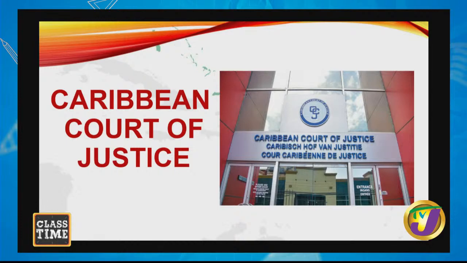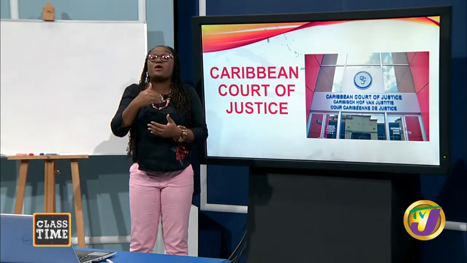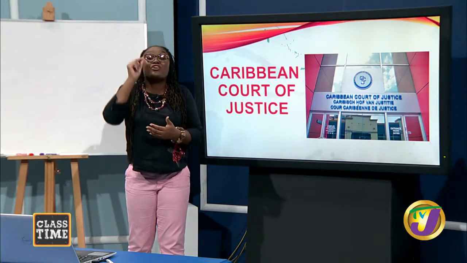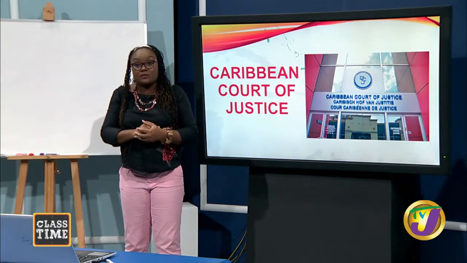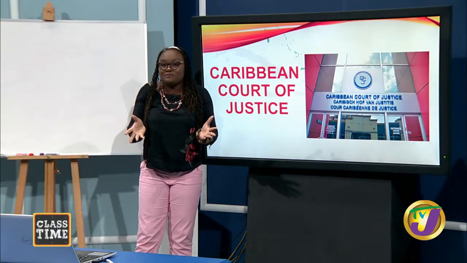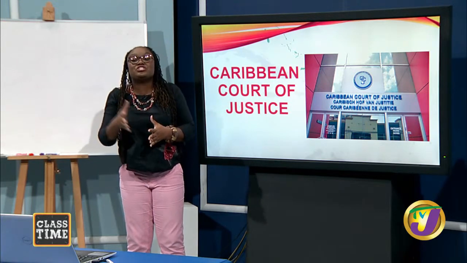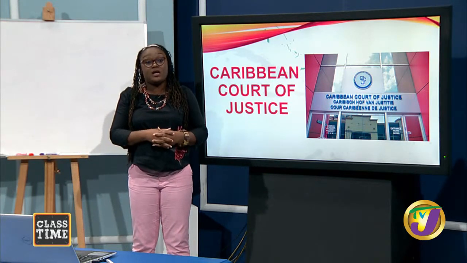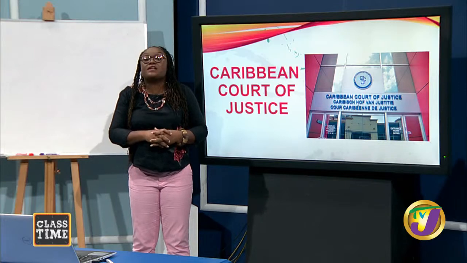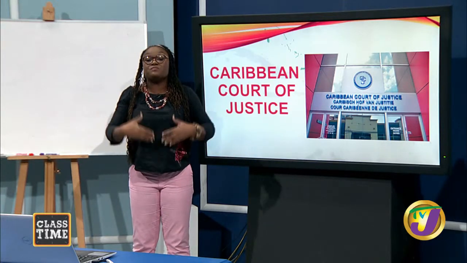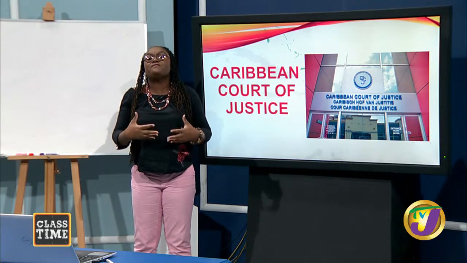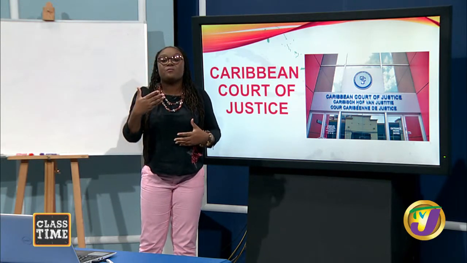But the aim of the Caribbean Court of Justice is the appellate jurisdiction, which is where it now becomes our final court of appeal on criminal matters instead of going to the Privy Council. But in order for that to be done, a number of Caribbean countries need to change aspects of their constitution, and we have not yet done so. And so even though we all contribute to it, many of the Caribbean countries, most of the Caribbean countries are in fact not using the Privy Council.